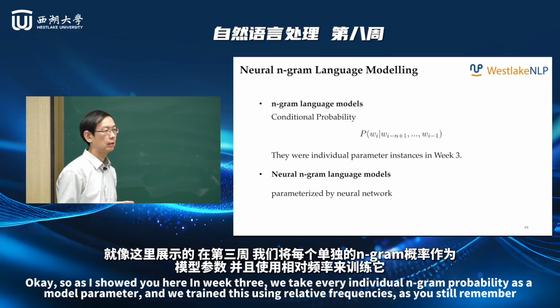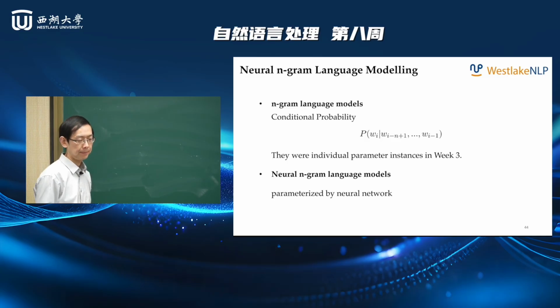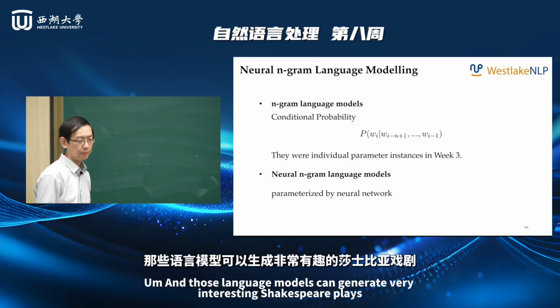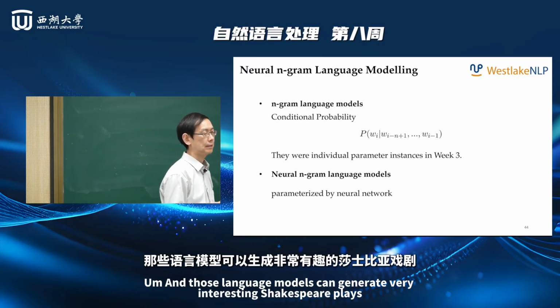In week 3, we took every individual n-gram probability as a model parameter and trained them using relative frequencies, as you still remember. Those language models can generate very interesting Shakespeare plays.